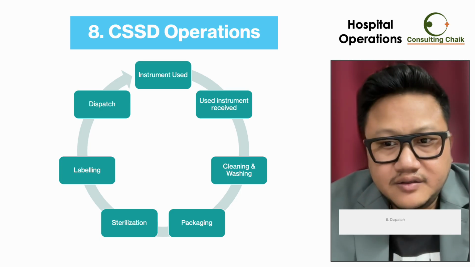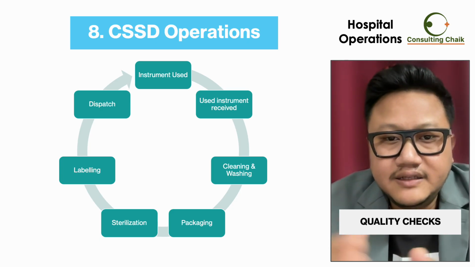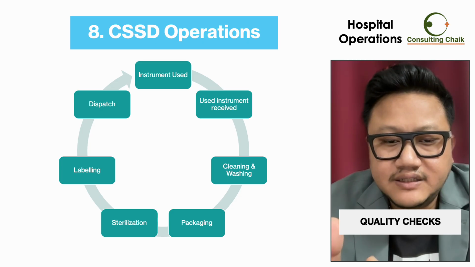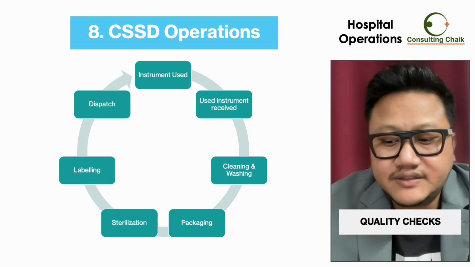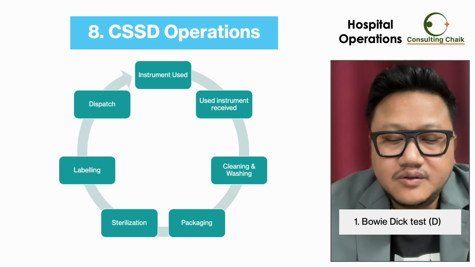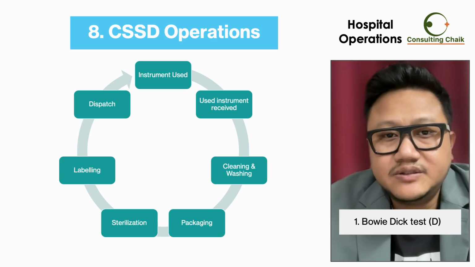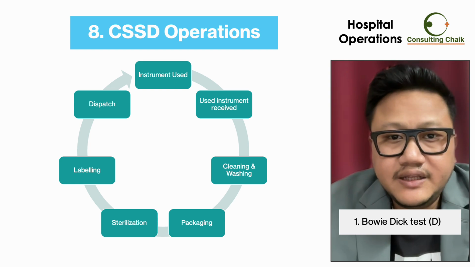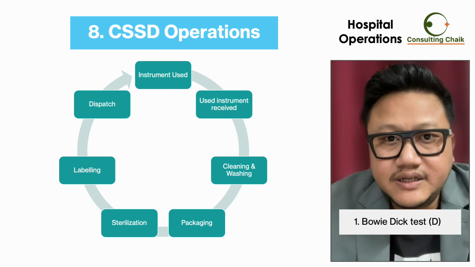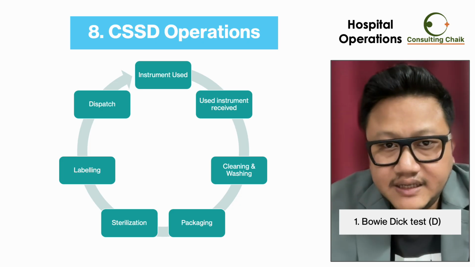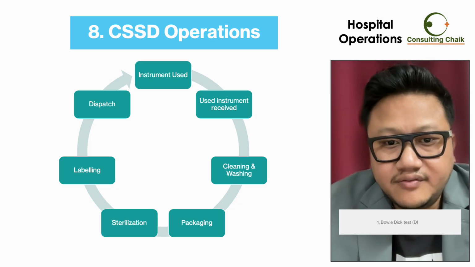The second aspect of CSSD operations is the quality checks. In quality checks, on a daily basis, you do a Bowie-Dick test. The test ensures that the pressure is uniformly present inside the autoclave.